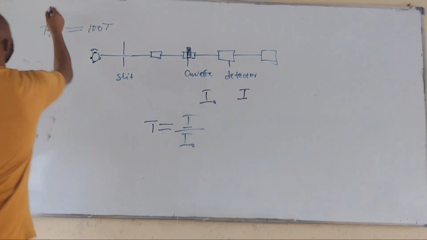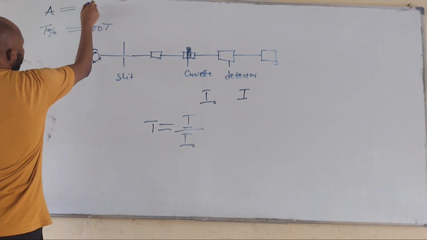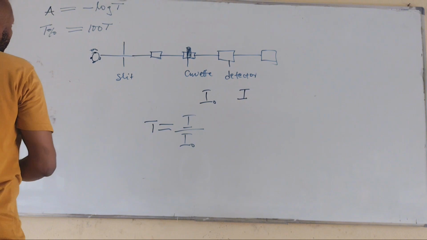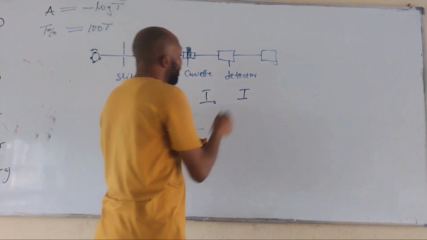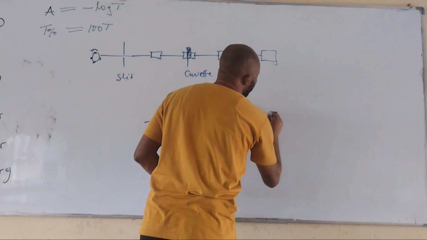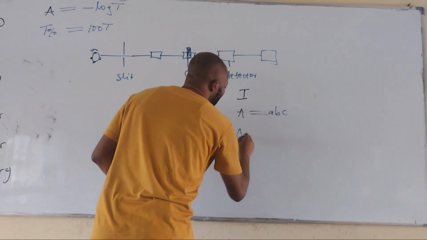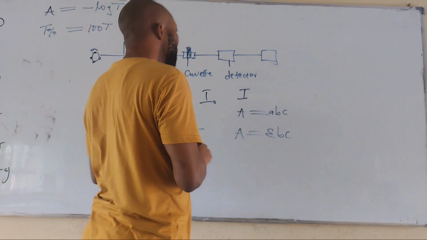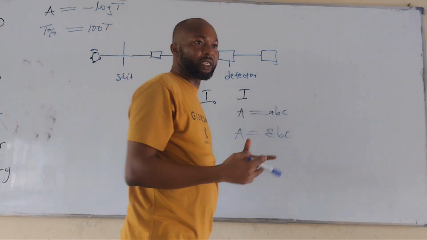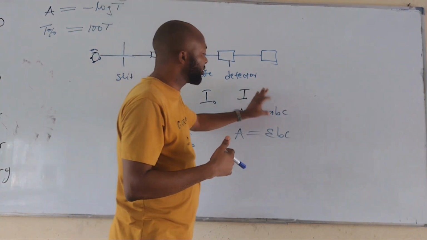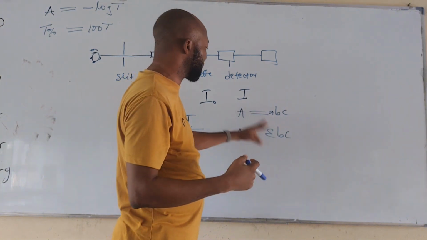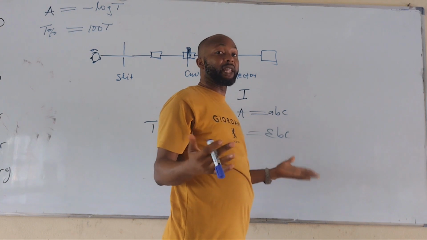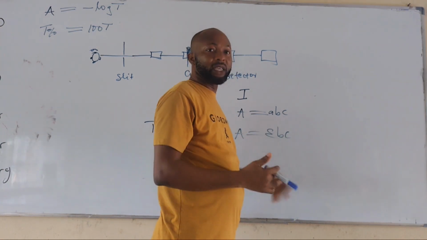And also we have absorbance, which is equal to the negative log of transmittance. Then when we advance into the Beer-Lambert's law, we have A equals to abc, or especially, A equals to epsilon bc. This is the absorptivity, which has a special name called epsilon, while our b here is the path length, and our c is the concentration.